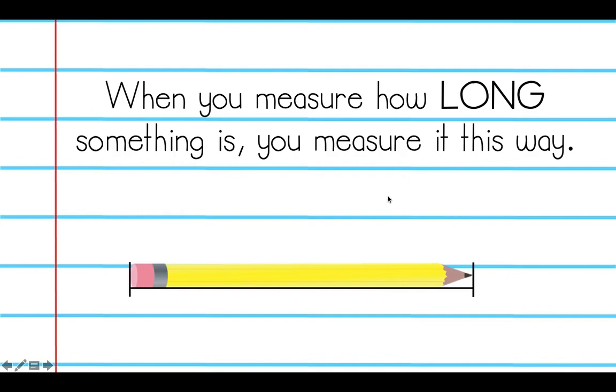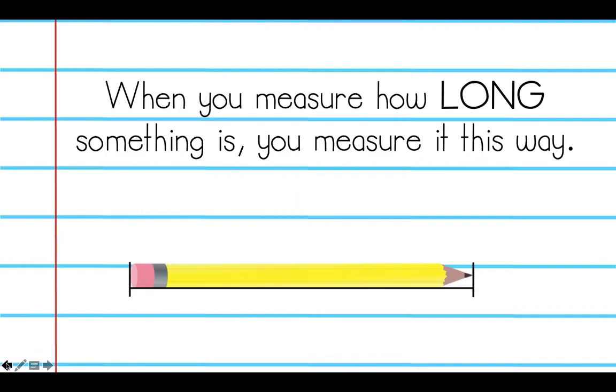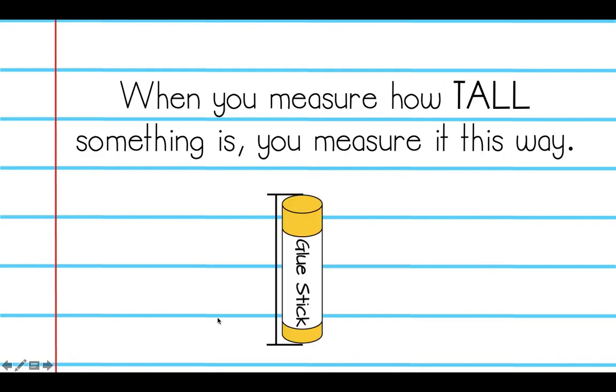That's what long means. And this one says when you measure how tall something is, you measure it this way. So when you're measuring how long something is, we're going to go back. It's this way from left to right, like the way we read. When we measure how tall something is, it's from the bottom up. So this is how we measure how tall something is, like a glue stick.